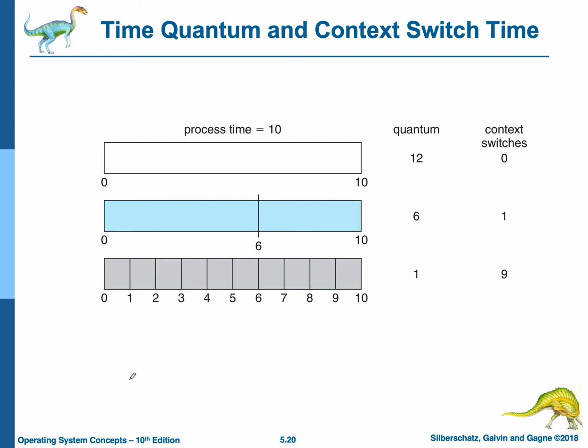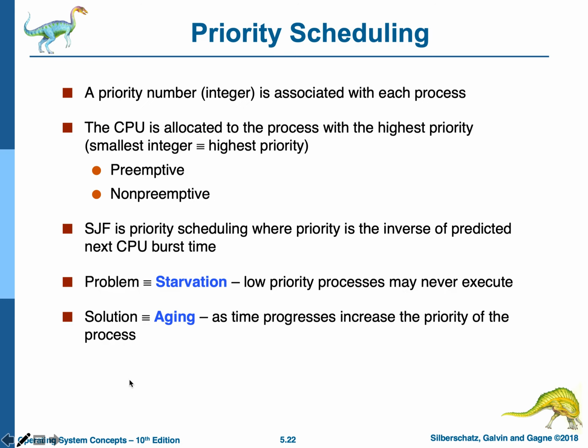Okay, first FIFO or first come first serve, right? And the priority scheduling, in priority scheduling, actually there are several applications where one job is prioritized over another job.